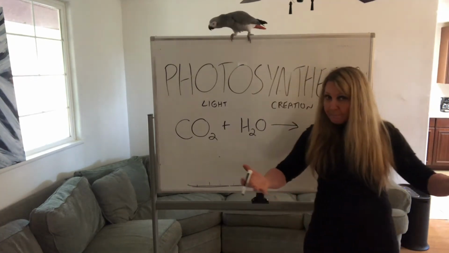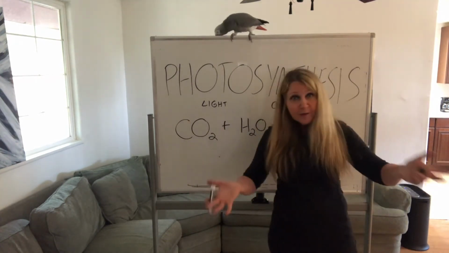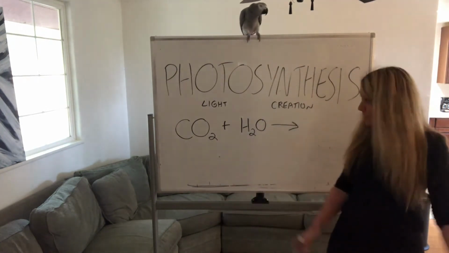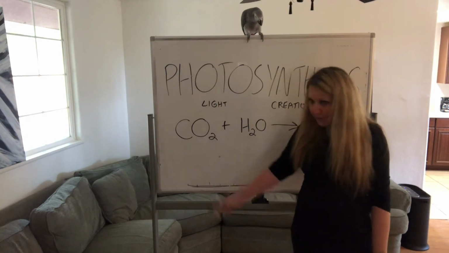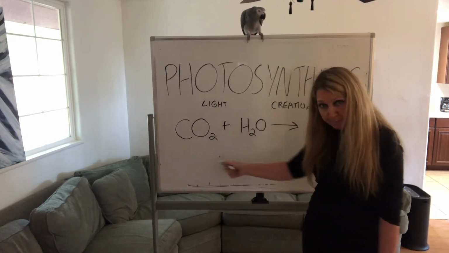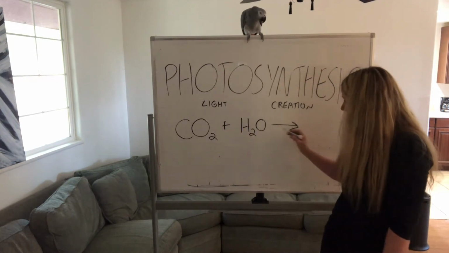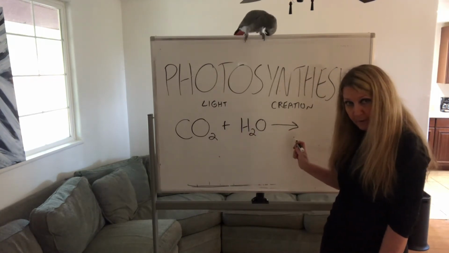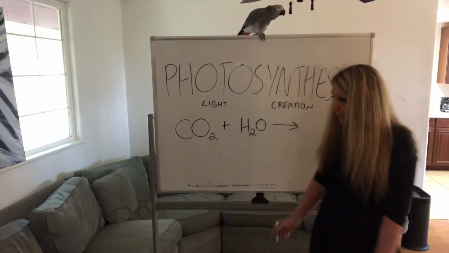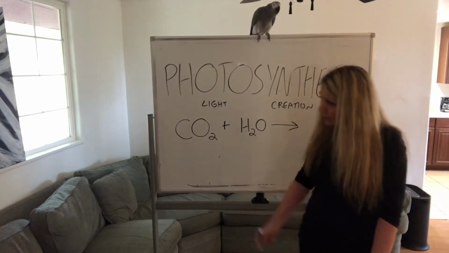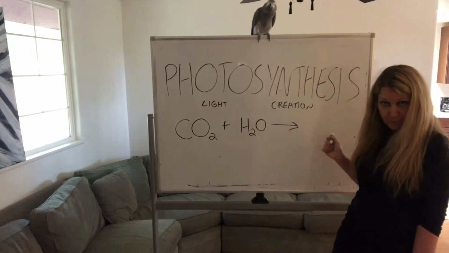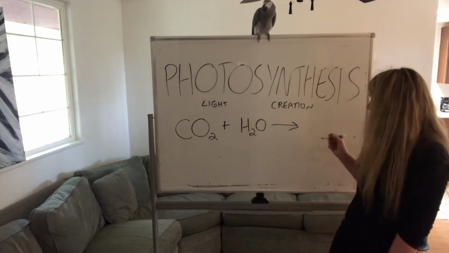So in a chemical reaction, anything before the arrow is what you start with. The arrow indicates a reaction happening. A chemical reaction is when we rearrange the atoms and it changes, so the before and after are different.